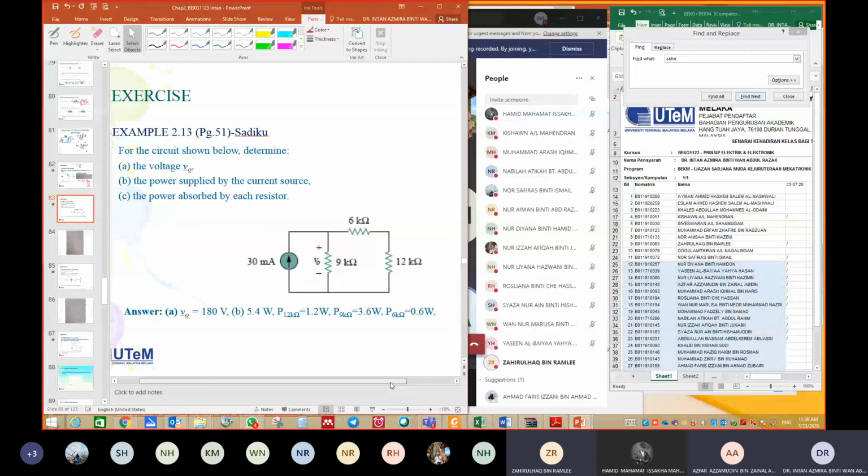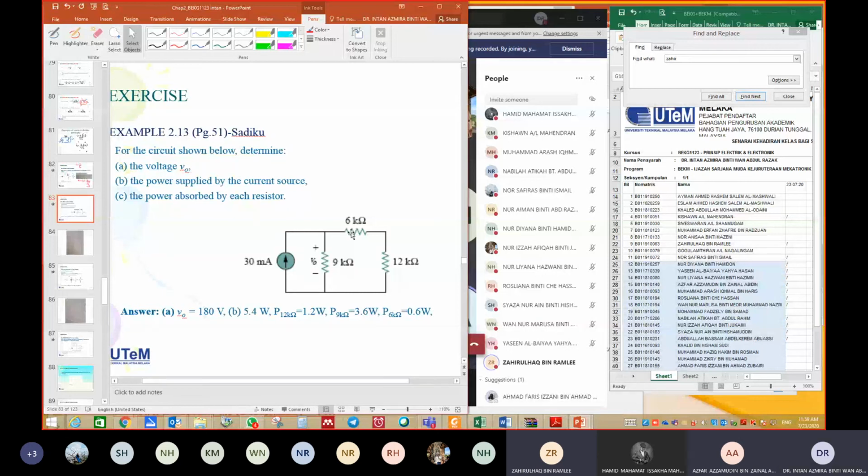6 kilo? Okay. Power. Okay, find the current. Find the current flows through 6 kilo ohm first by using current divider principle. How? I see. Here. I2.